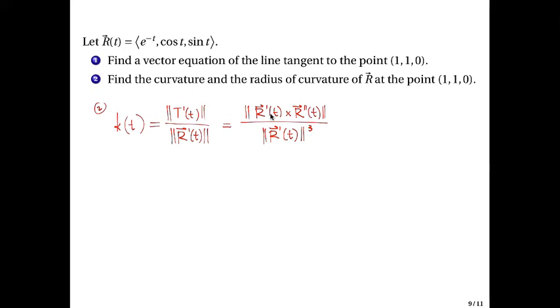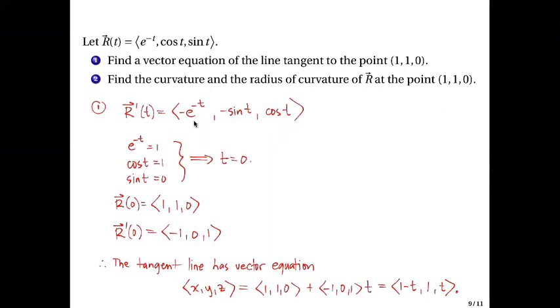So we already know our r prime. We need r double prime. So r double prime of t. If we go back to the previous page, this is our r prime. For the r double prime, the derivative of this is e to the minus t.